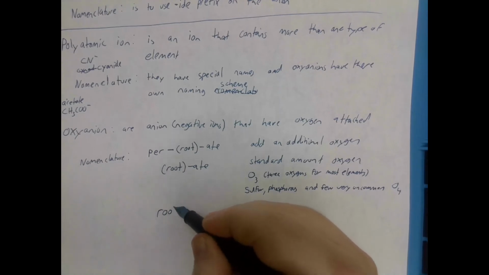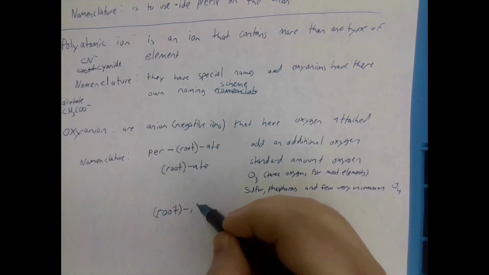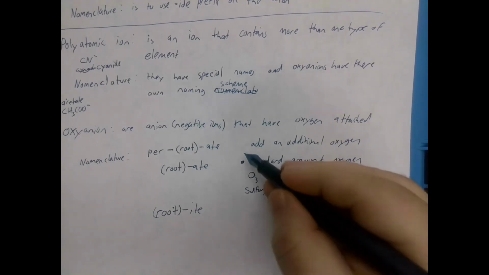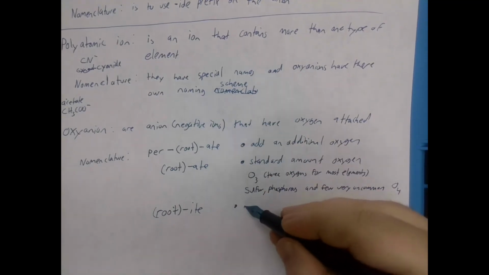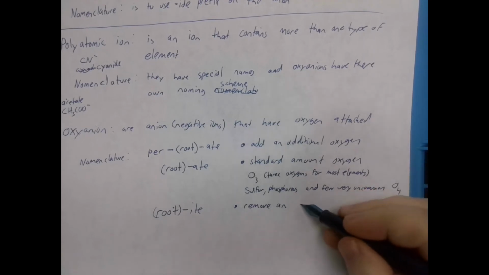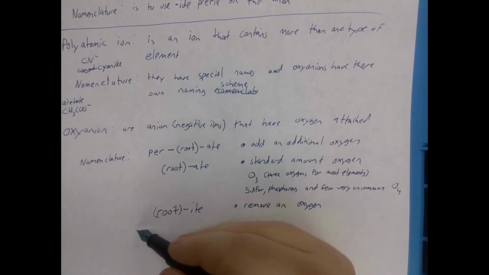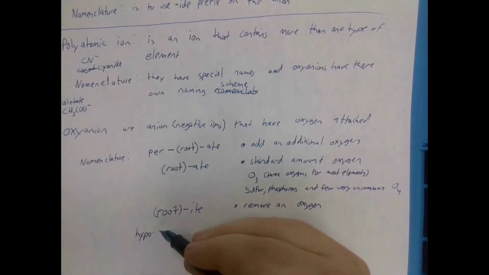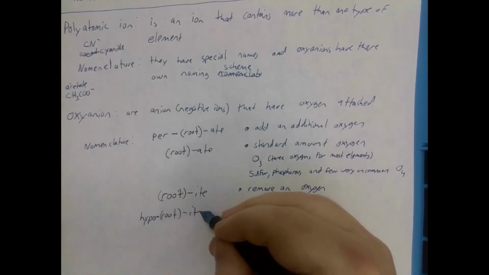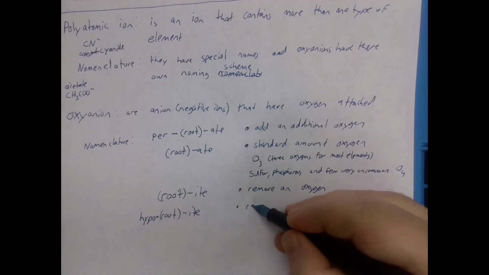If the root word has an -ite on it, remove an oxygen. And then if we add the word hypo in front of it, then remove another one.